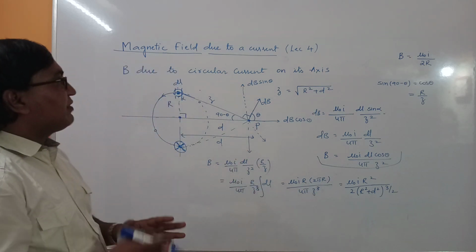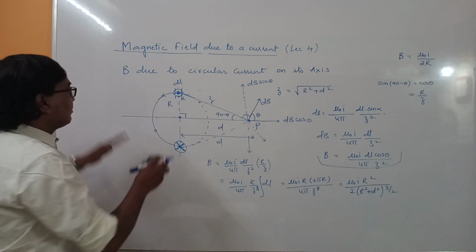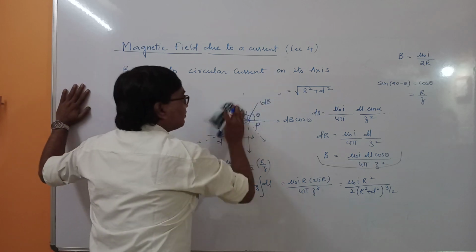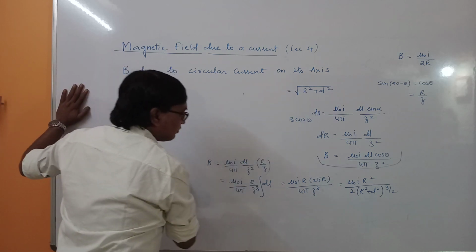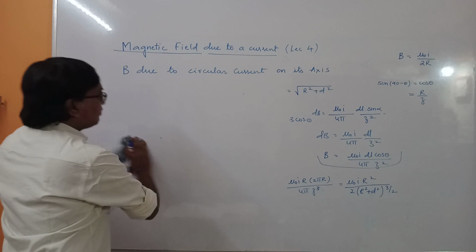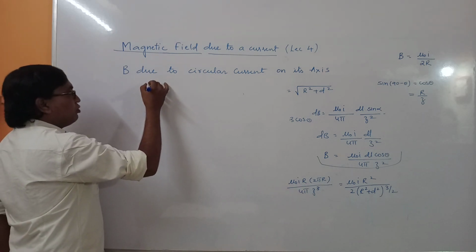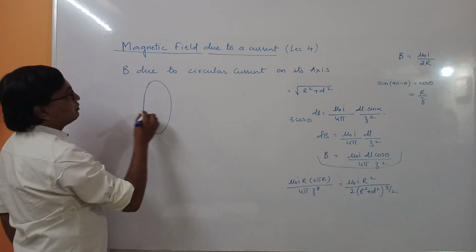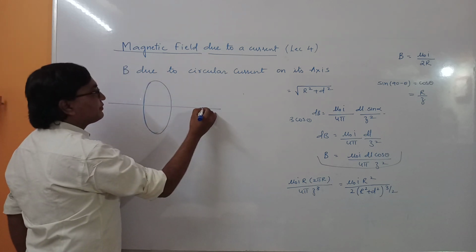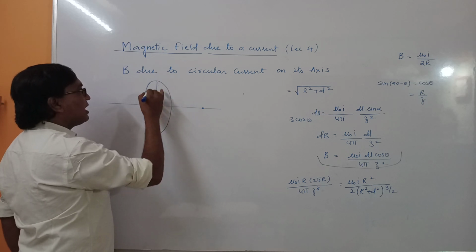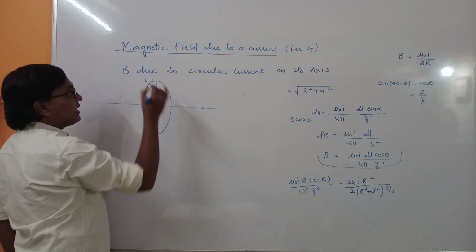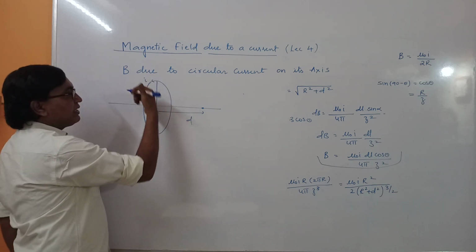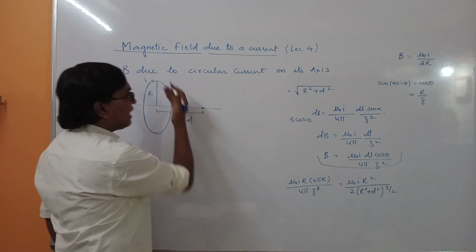Now we'll analyze that equation. So let us take the loop, axis, radius is r, current is I, distance is d, then the magnetic field is along this direction.